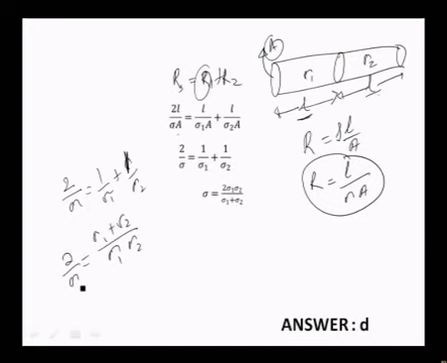We want the value of sigma. Sigma is equal to 2 sigma 1 sigma 2 divided by sigma 1 plus sigma 2. Therefore, for the given problem the correct option is D. So, this is the correct option.